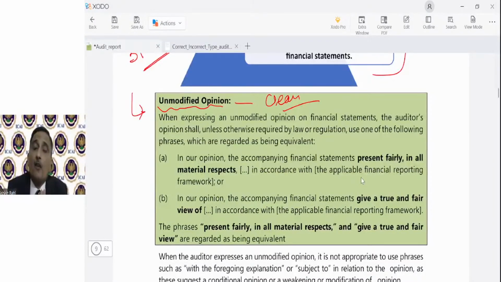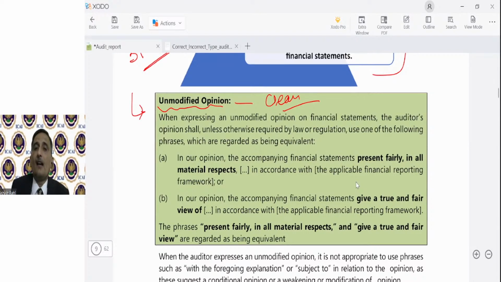On the basis of audit evidence obtained, he has obtained a comfort level, he has obtained a reasonable assurance that financial statements as a whole are free from material misstatements. These have been prepared in accordance with the applicable requirements of the applicable financial reporting framework in all material respects. So in that case, he gives an unmodified opinion.